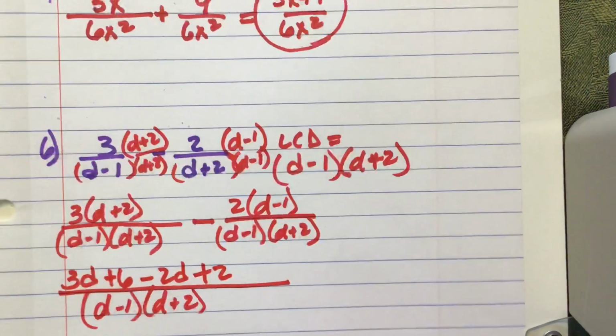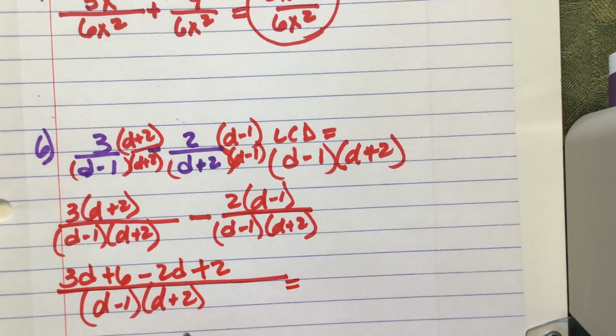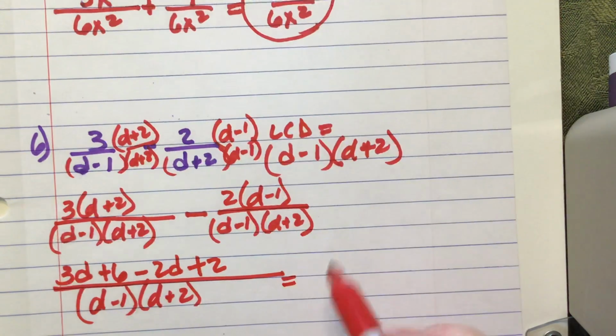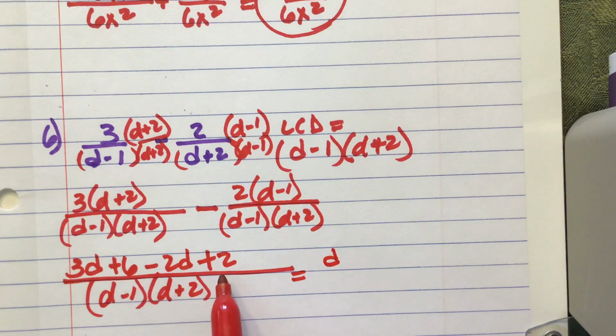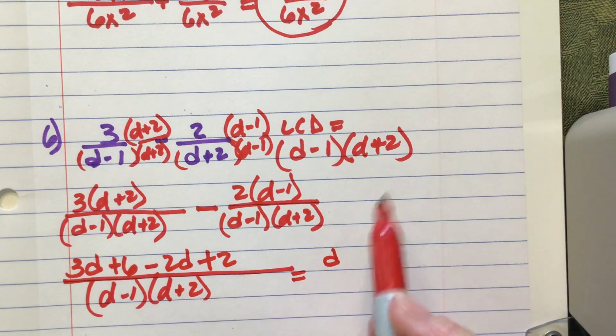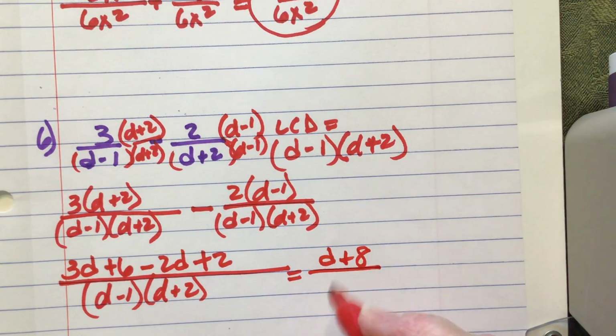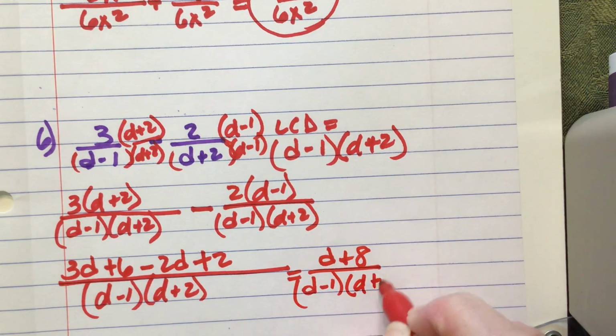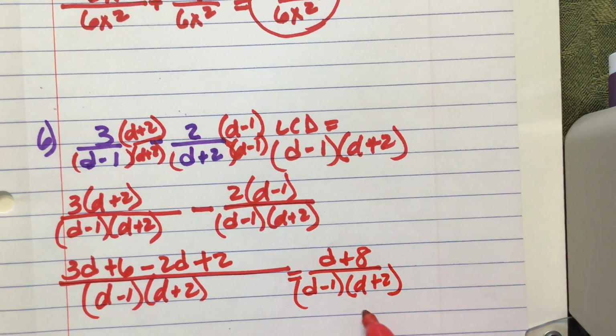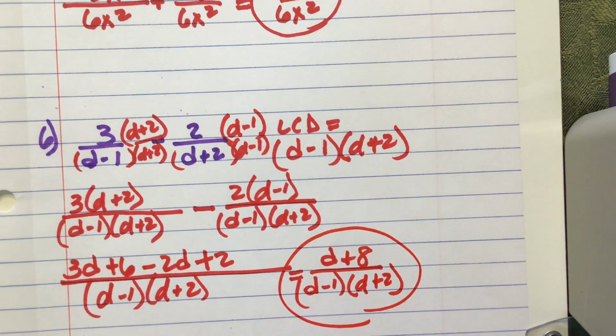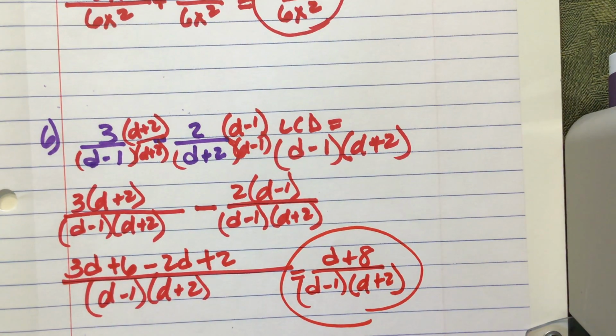So now let's put those together. 3d minus 2d is just d. 6 plus 2 is going to be 8. So in the numerator, I have d plus 8. In my denominator, I have d minus 1 times d plus 2. And nothing can factor and cancel here, so that's my final answer.